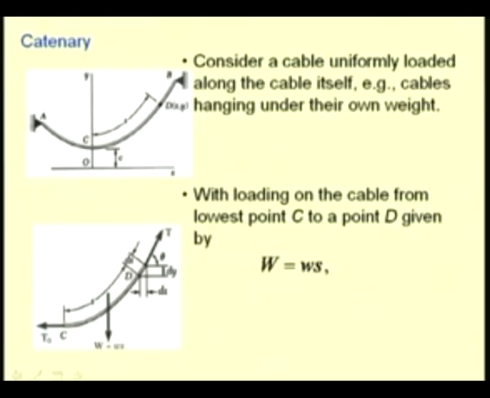We have the horizontal component of the force T naught at C, the tension at D, which is both unknown in direction and magnitude, and the weight of this cable, which is WS. S is the coordinate along the length of the cable. So, this is the total vertical weight for this portion CD.